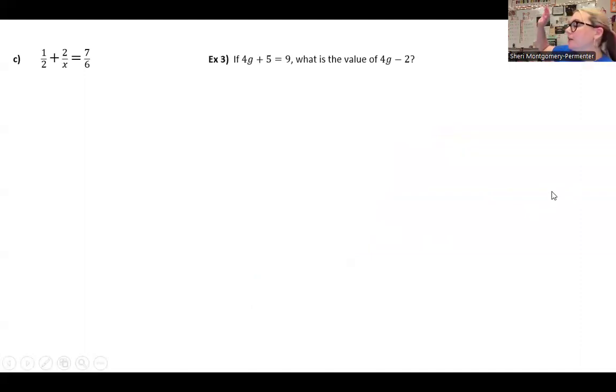All right, raise your hand if you want to do C. A couple of y'all want to do C. Raise your hand if you don't really want to do C. What about the rest of y'all? Y'all want to do this problem or not do this problem? If you don't want to do it, raise your hand.